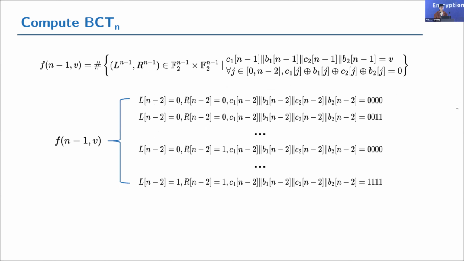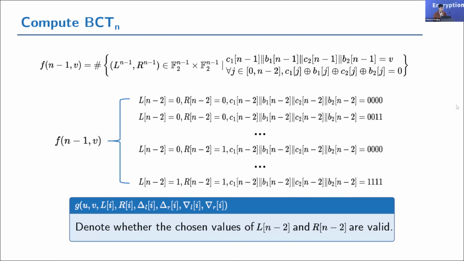A trivial idea is to partition the function f again by these values. But this time, we notice that some of the values of the n-2 bit of L and R could be invalid. So we define the new function g to denote whether the chosen values of these 2 bits are valid or not.